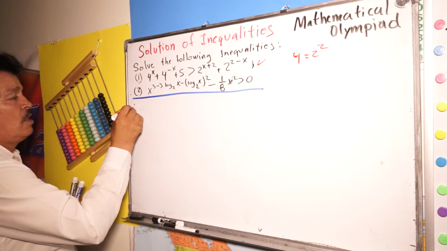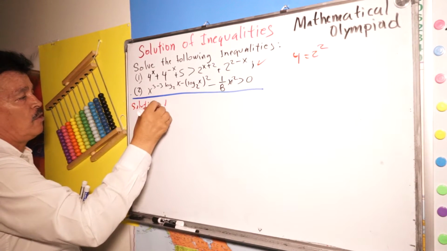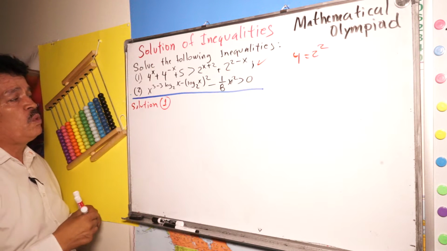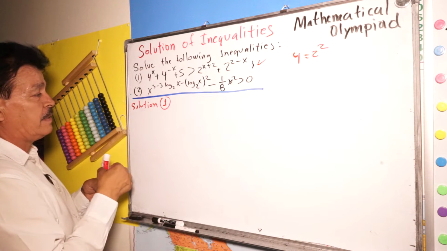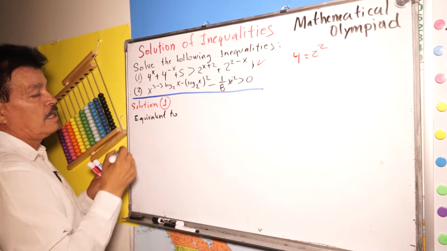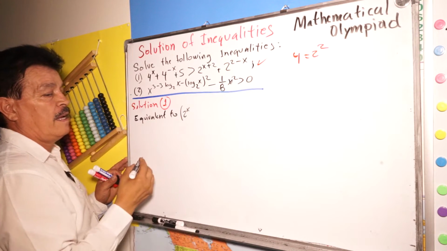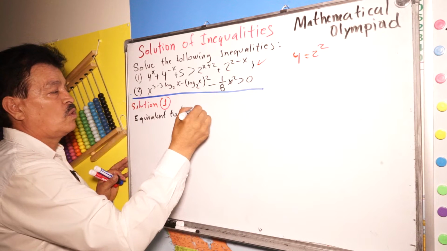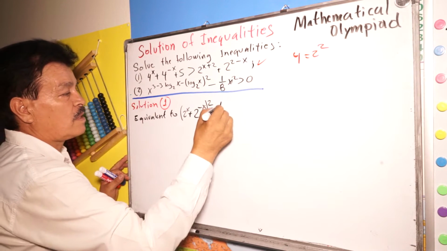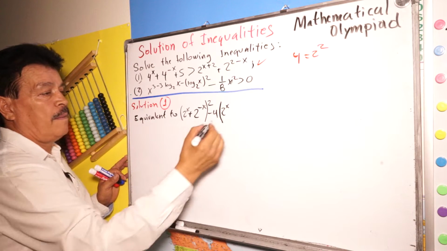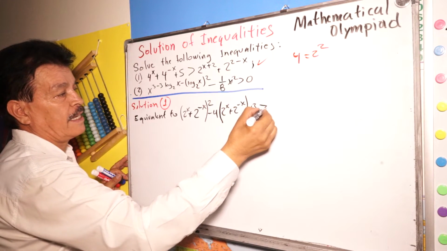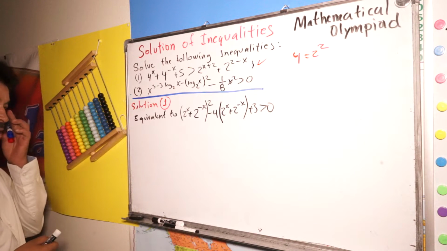Solution number one: the inequality is equivalent to 2 to the x plus 2 to the negative x to the second power minus 4 times 2 to the x plus 2 to the negative x plus 3 greater than 0. This is equivalent to that one.